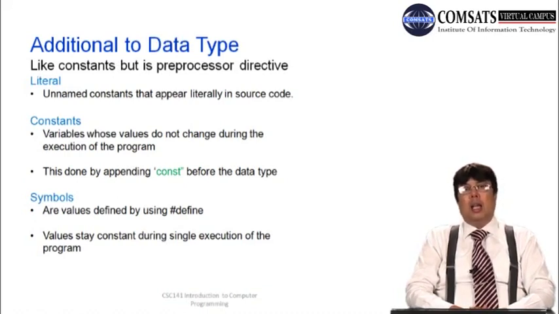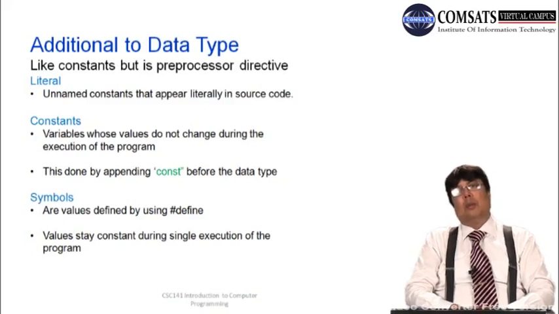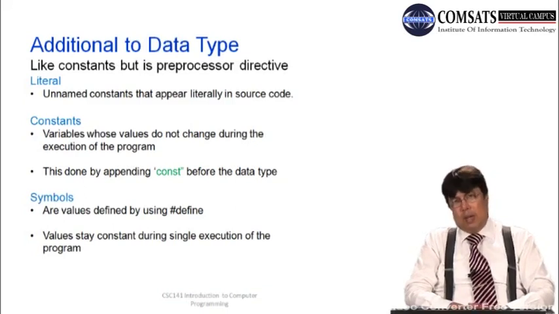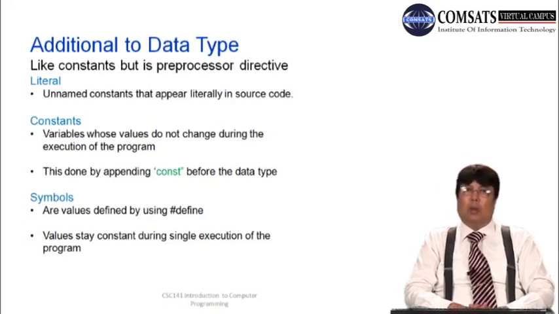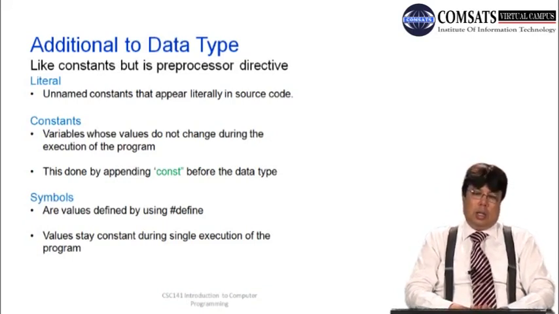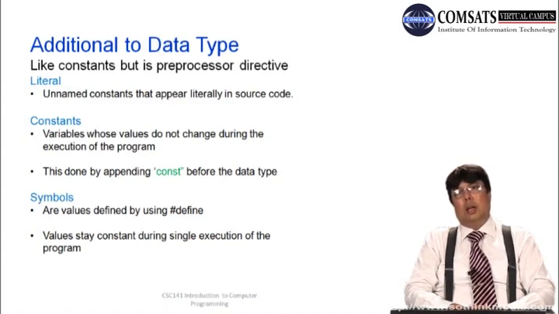You can assign a name to a constant. You can give 385 a name, and the name you give to 385 is called a constant name. But this name is different from a variable name. It is just like a variable name, but you cannot change the contents of this constant. So you will use the keyword const, C-O-N-S-T, before the data type.